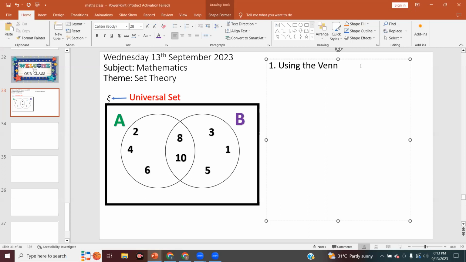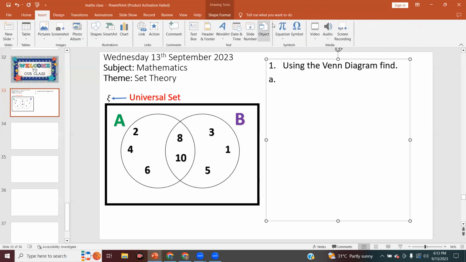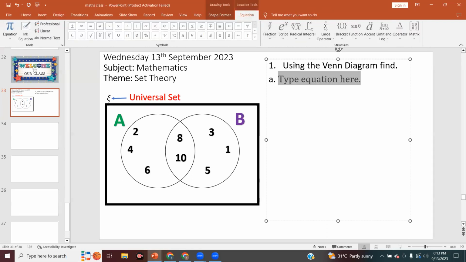So using the Venn diagram, I want you to find A union B. Put the equal sign.